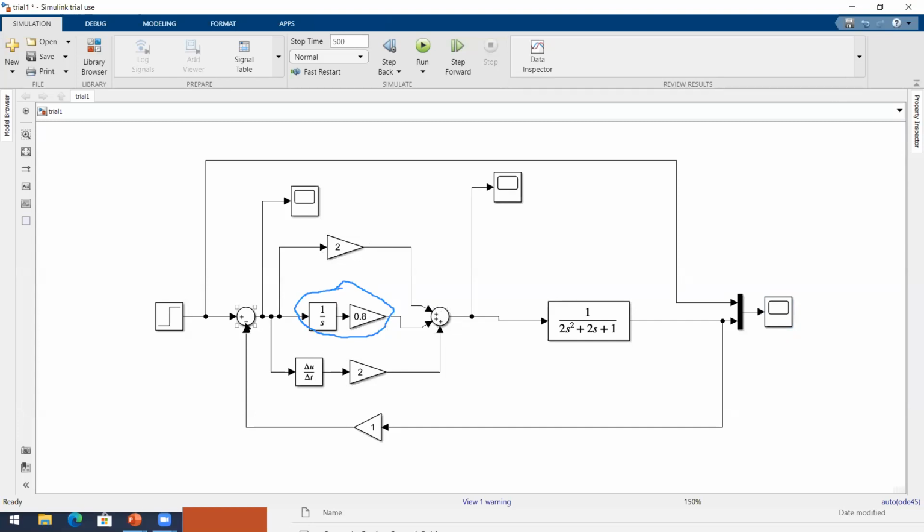But you have a minus here because this is comparing the error. If you sum up all these things, it will be 2 plus 0.8 by s plus what? What is the derivative in the Laplace domain?